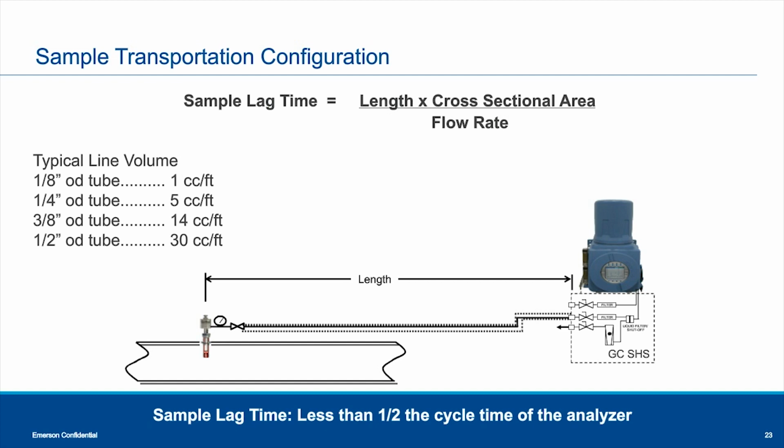If you're looking for an answer in 2 minutes after a change in the process, but your analysis time on the GC is 10 minutes, it really doesn't make a difference how long it takes the sample to get to the GC. But the general rule of thumb is your lag time should be half of what your analyzed time is. So you always have what we call here, and we put in parentheses, fresh sample to the GC.